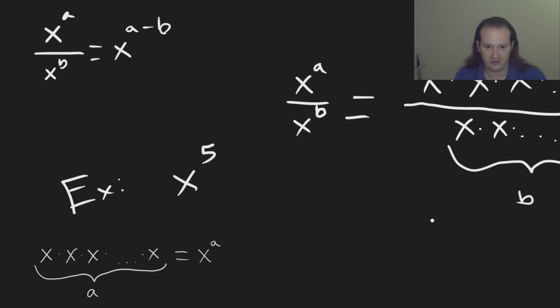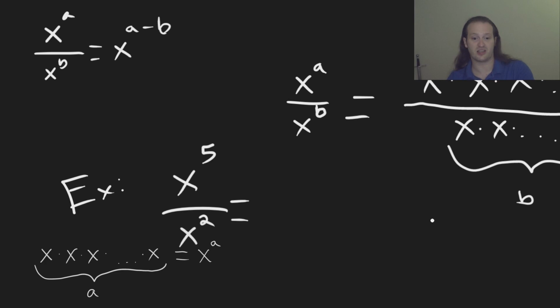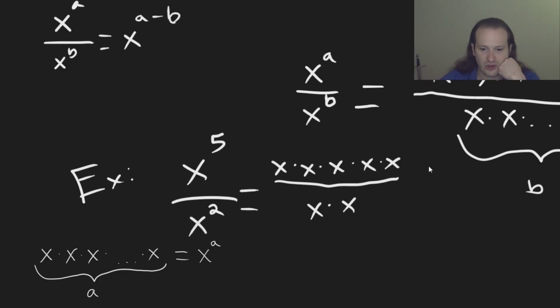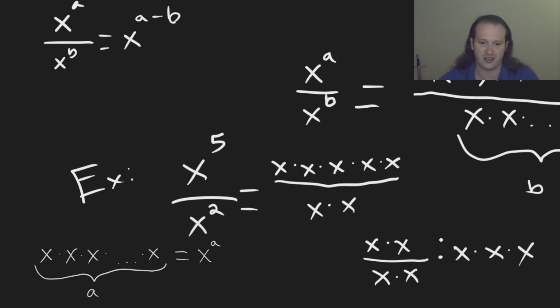x to the 5 over x squared. Using the definition of exponents, I'm going to expand these exponents out in their repeated multiplication form. I could rewrite this as x times x over x times x times 3 more x's.